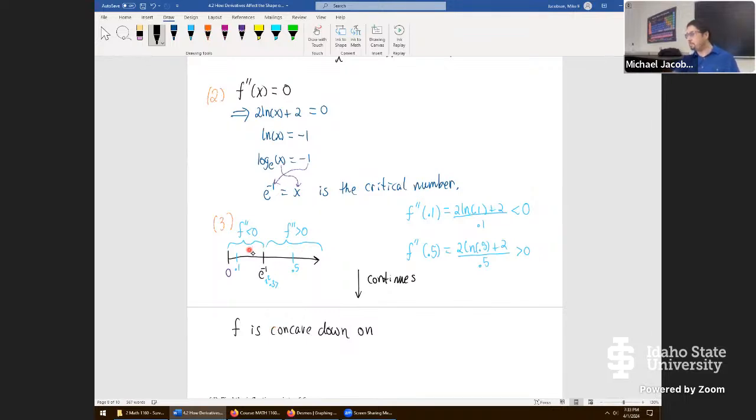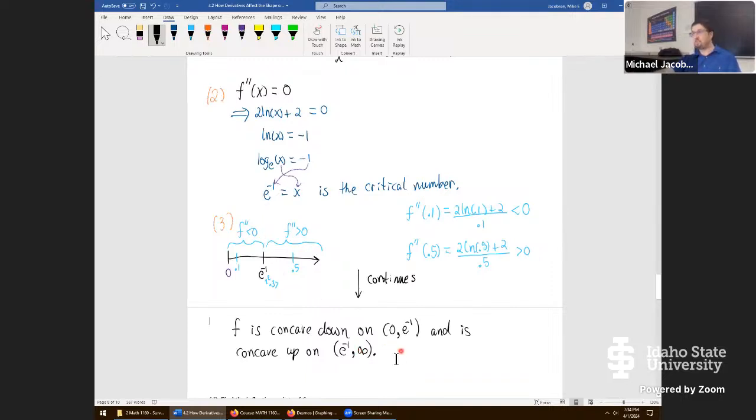So that will be from 0 to e to the power -1, and is concave up on over here. This positive interval goes from e to the power -1, doesn't ever stop being concave up, goes off to infinity on that interval there.